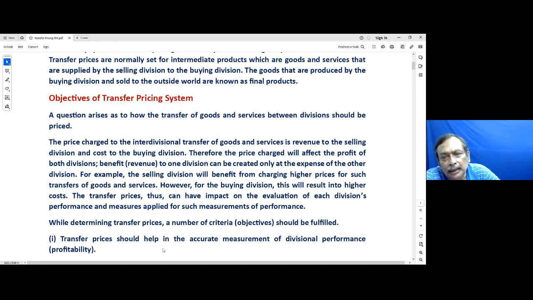So for the introduction of the phase, so far as transfer pricing is concerned, please try to understand the subject and please try to apply your sense. Don't try to mark it. If you are going to mark the subject, then automatically you are not in a position to answer the questions correctly in the examination hall.